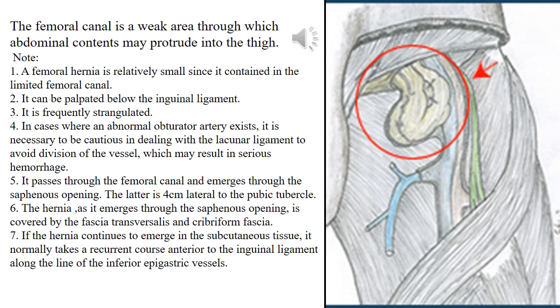We discuss again and again the potentially weak points through which the abdominal contents can come into the lower limb. The femoral canal is one of them. This is known as the femoral hernia, and it is more common in females.